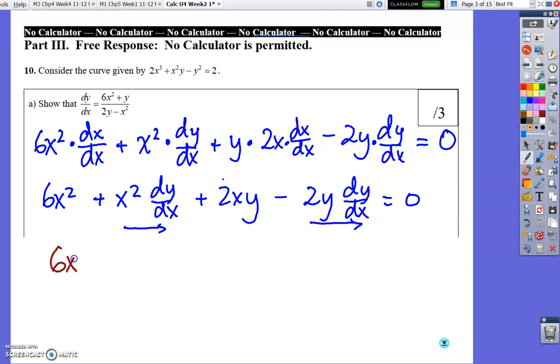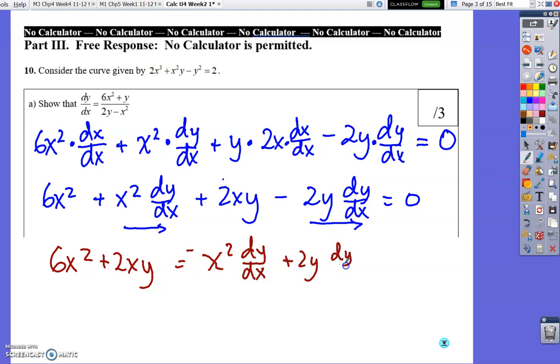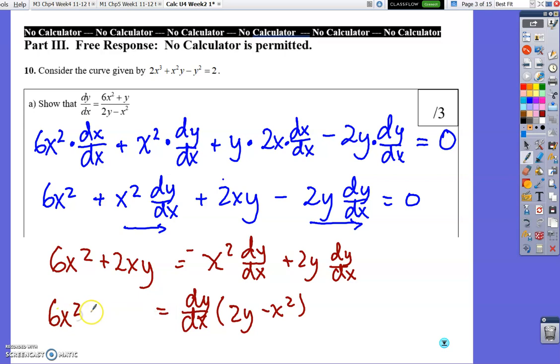And we will have 6x squared plus 2xy equals negative x squared dy dx plus 2y dy dx. Factoring out dy dx gives me dy dx times 2y minus x squared equals 6x squared plus 2xy.